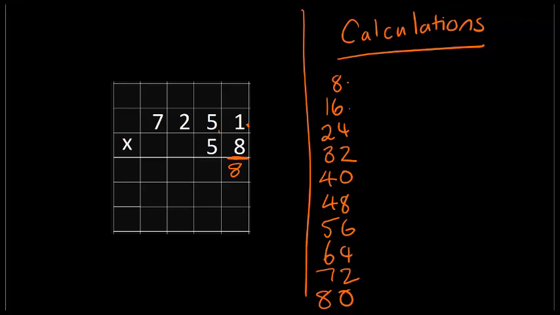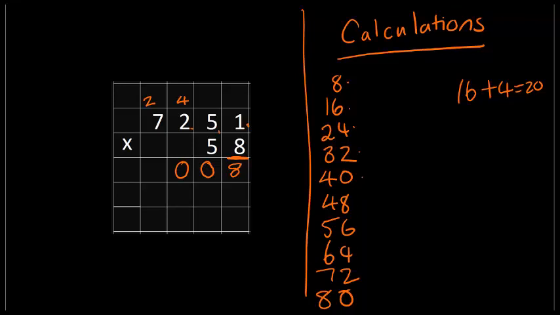8 times 5, 1, 2, 3, 4, 5, that's 40. I don't write 40, I carry the 4 over to be added, and I write the 0 down in the answer block. All right, 8 multiplied by 2 is 16, so I'm going to say 16 plus 4, which gives me 20. So again, I'm going to carry the 2 and write the 0 there.